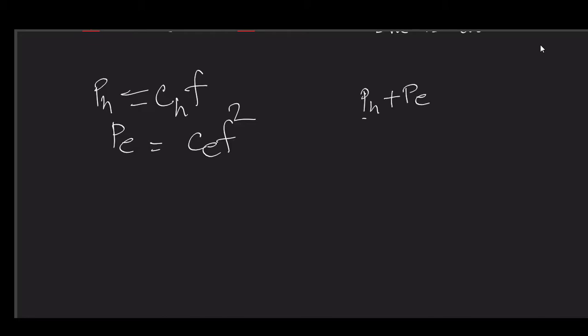Then PH will solely become, if you keep all other things unchanged, right? So now you do this: PH plus PE by F, then it will result in CH plus CE F.